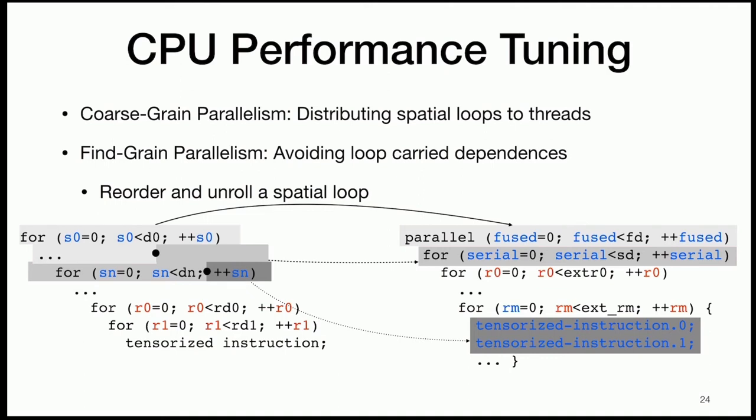Loops will be split by these 2 points. Loop nest above the first point will be executed by multi-threading. Loops between these 2 points will be executed serially. Loops under the second point will be reordered and unrolled under the innermost reduction loop to avoid a pipeline penalty. We try each of them and use the one with the best performance.